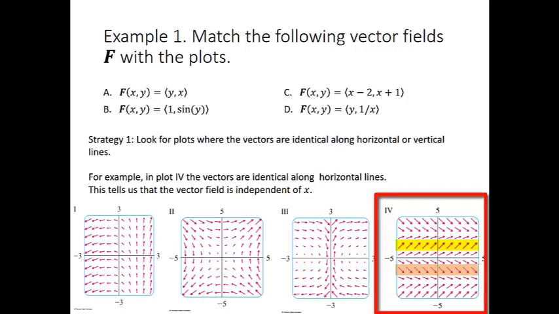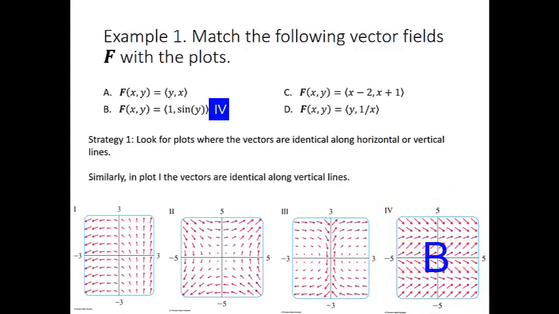This tells us that the vector field here is independent of x. That is, x changing has no effect on our vectors. So when we look at our equations, we want to look for an equation that contains no x's. Hence plot 4 corresponds to the vector field in B, which takes the point xy to the vector 1, sine of y.